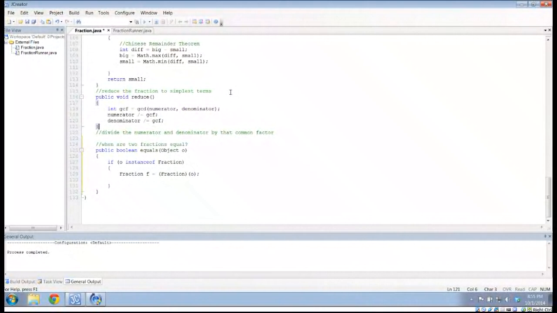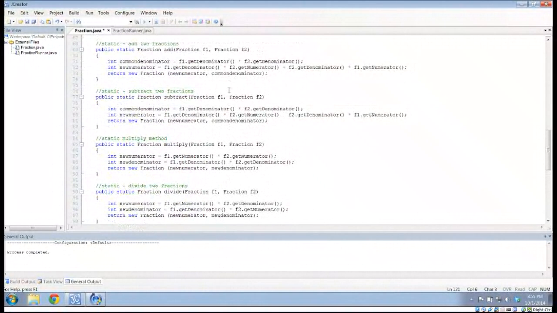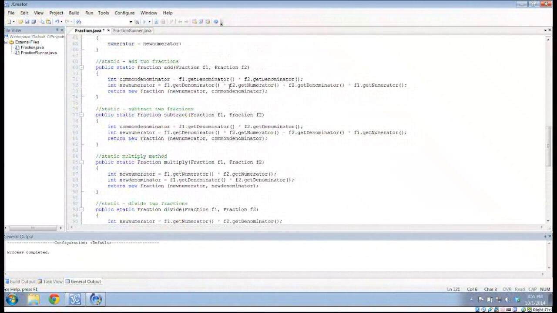And earlier, when we were talking about our addition method, we talked about how to find a common denominator just by multiplying these. And then we could cross multiply the first denominator times the second numerator, and the second denominator times the first numerator.